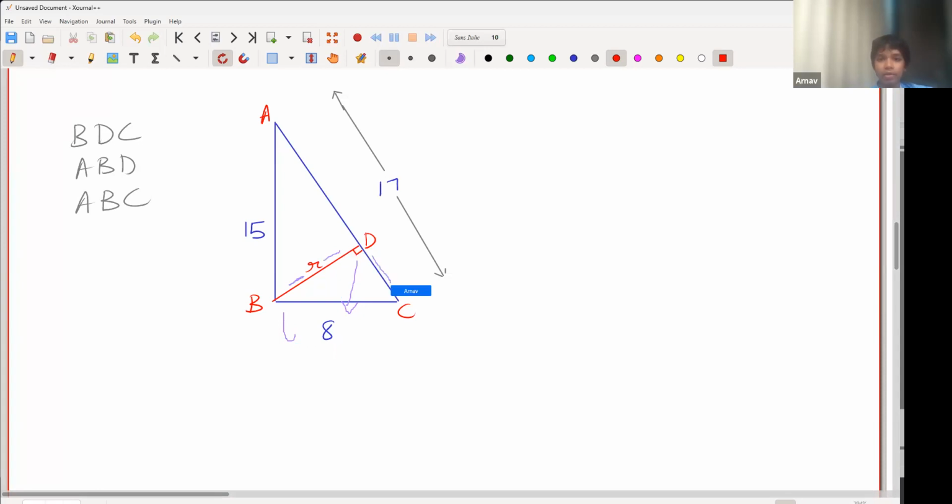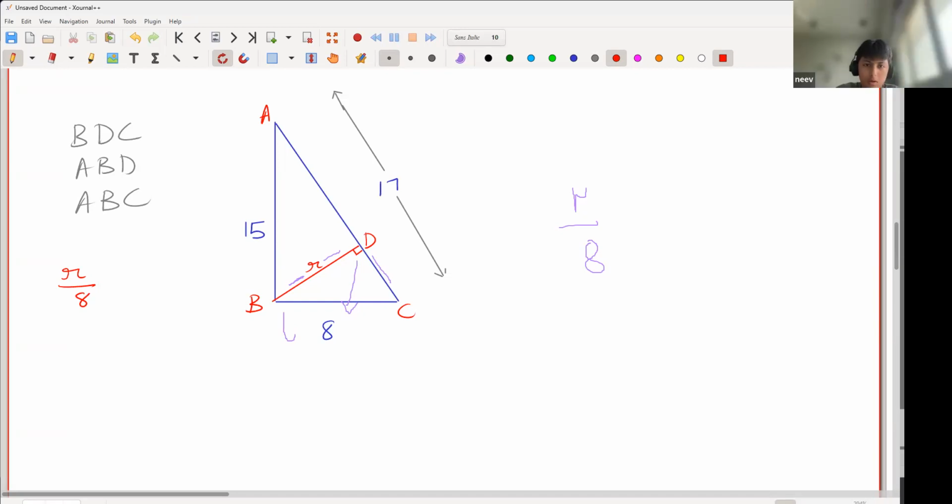So our ratio over there would become R divided by 8. Let's just take medium to longest, and say that's R upon 8.